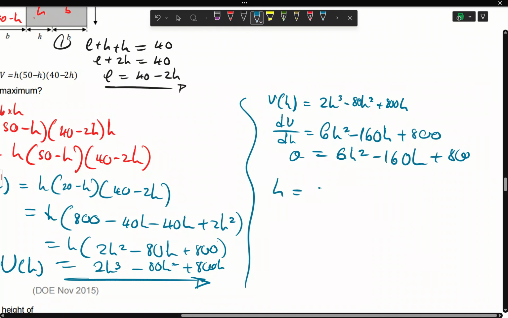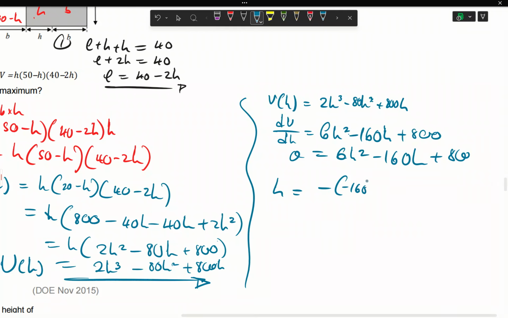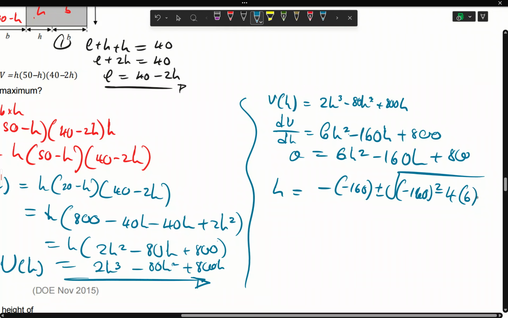So h is equal to minus 160 plus or minus the square root of negative 160 squared minus 4 times a is 6, c is 800, all over 2a is 6. So h is what?